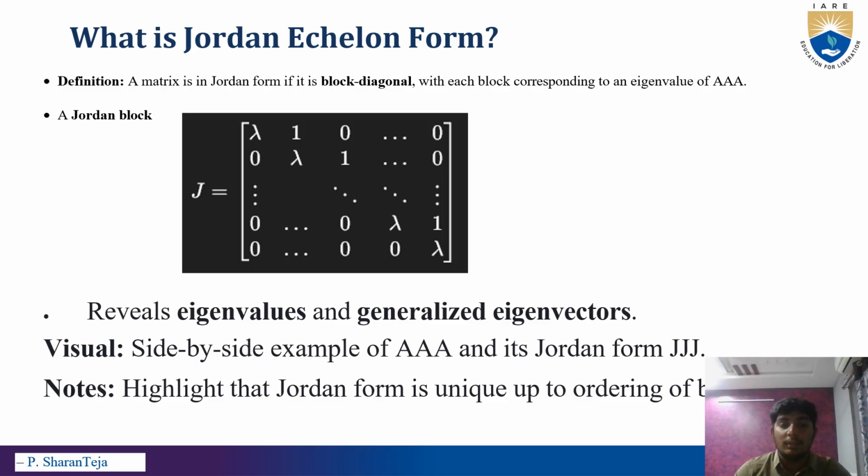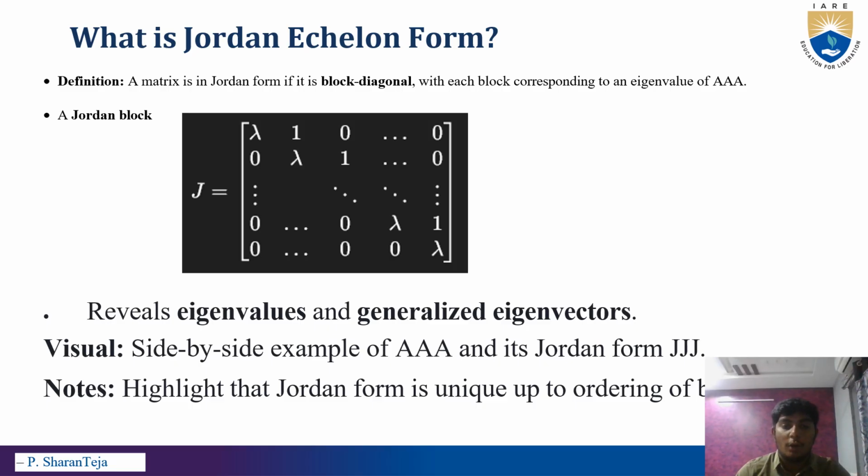A Jordan block looks like Ji is equal to lambda i 1 0 0 in the first row, 0 lambda i 1 0 in the second row, double zero and lambda i 1 in the third row, and triple zero and lambda i in the fourth row. Here lambda is the eigenvalue repeated along the diagonal. The ones above the diagonal represent the generalized eigenvectors linking together states that share the same eigenvalue.